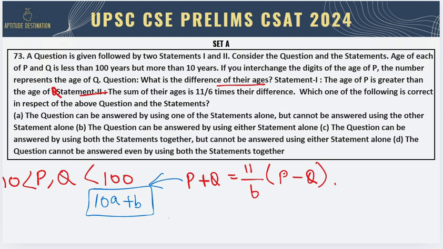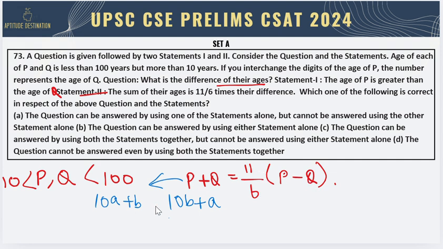Now that we have represented P in the form of an algebraic expression, we know the value of Q, because they have said it's just the interchanging of digits. So if this is the tens place digit and this is the units place digit of P, then Q will be nothing but 10B plus A. I hope this concept is clear to everyone. So now we'll move on to the equation.